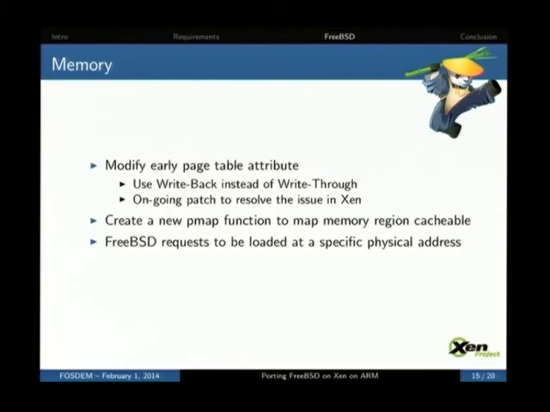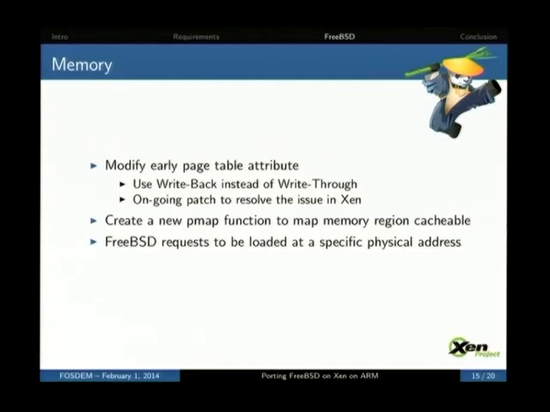The second thing is that FreeBSD on ARM assumes that every device is mapped with cache disabled. There is no function to say I want to map a physical address to a virtual address with cache enabled. So I've created a new function to map the memory as cacheable. Otherwise, you won't be able to use the PV drivers, because the PV drivers assume cache enabled. And the last thing is I've not yet decided what to do about FreeBSD requesting to start at a specific physical address.